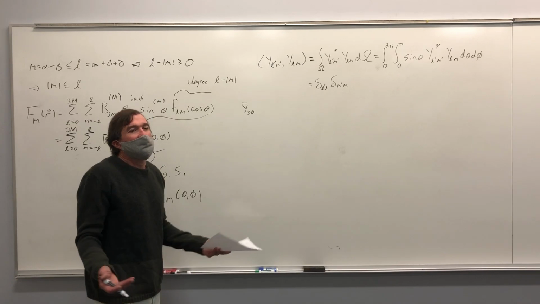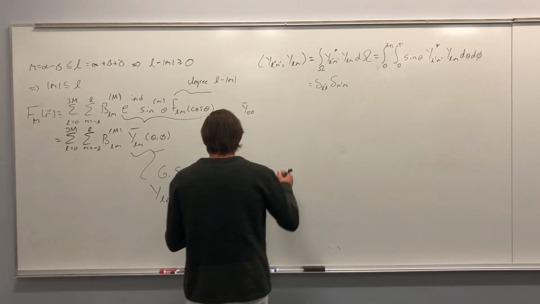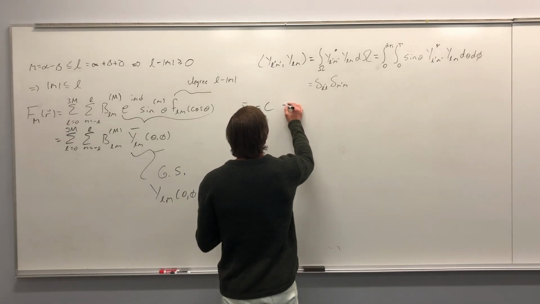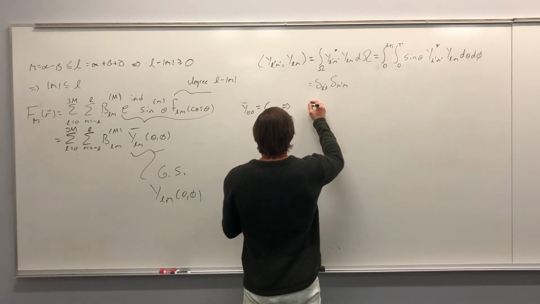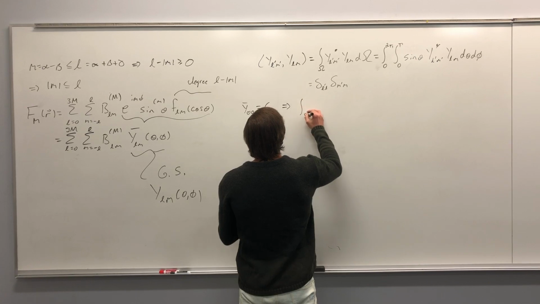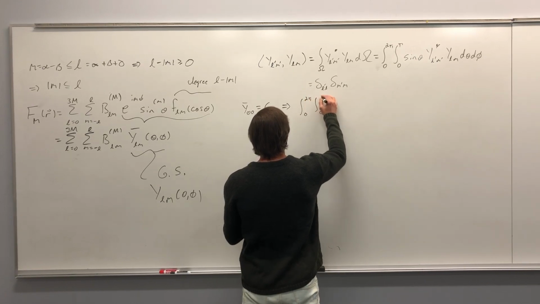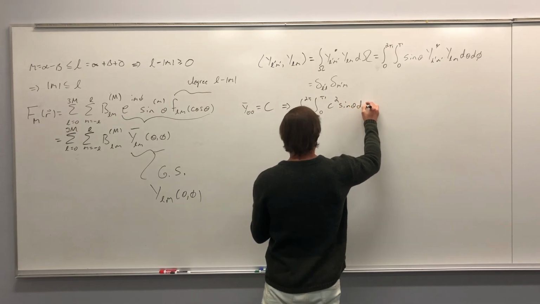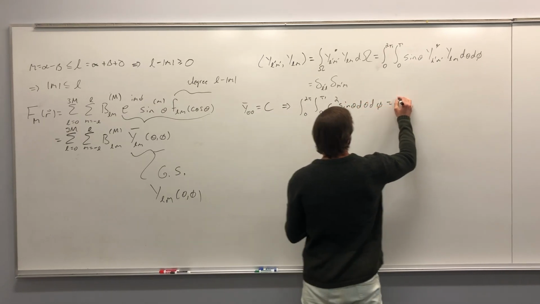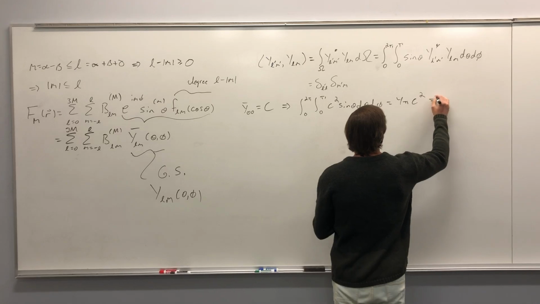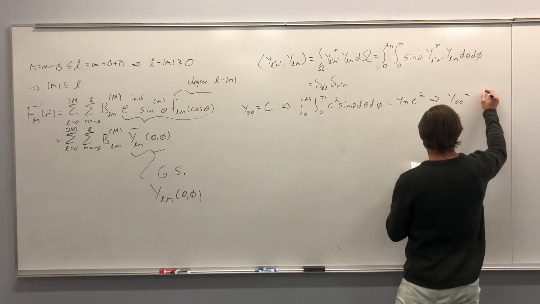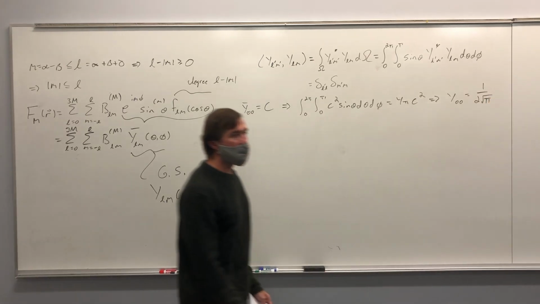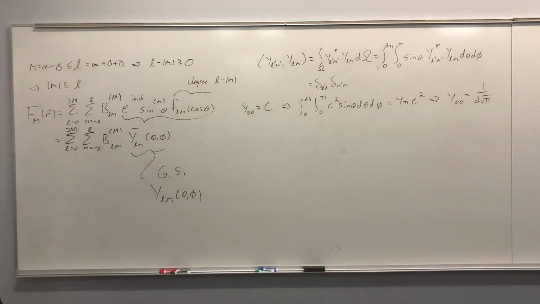A polynomial of degree 0 is just a number, so we could call this the number C, and then we normalize it. We get that Y_0,0 is 1 over 2 root pi.